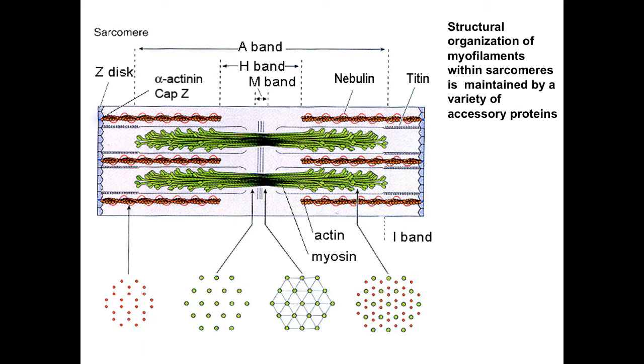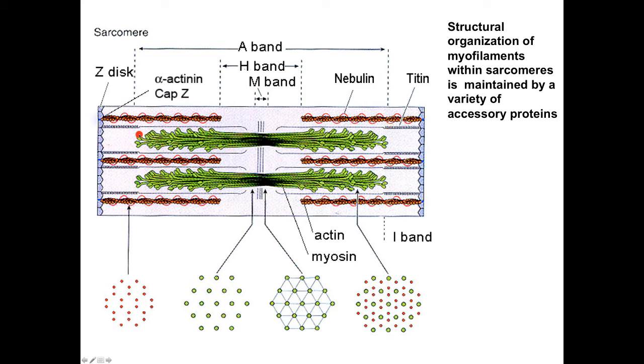I'd like to say something about the structural organization of myofilaments within the sarcomere. First thing I want to say is that structural organization is maintained by a variety of accessory proteins. So let's put this diagram in perspective. This is a sarcomere going from a Z line to a Z line.